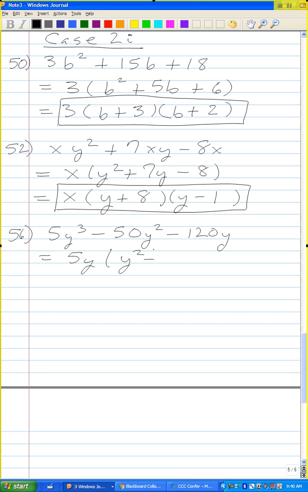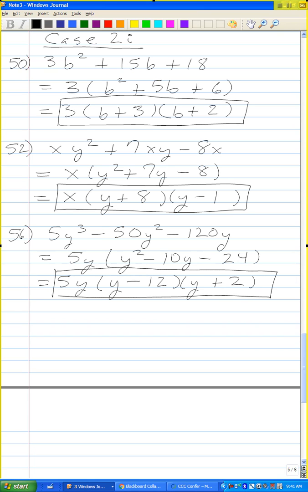Negative 50y squared divided by 5y, negative 10y. Negative 120y divided by 5y, negative 24. And so again, this is a monic polynomial, so I can factor it. Drop down the minus times minus is plus. I want to find two whole numbers whose product is 24 and whose difference is 10: 12 and 2, and put the larger factor 12 first.